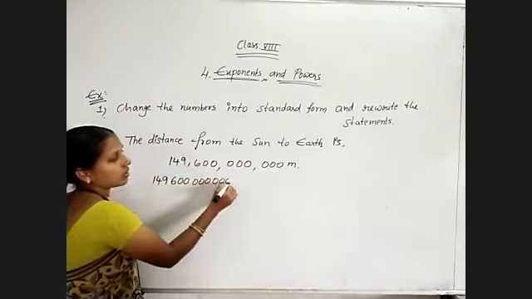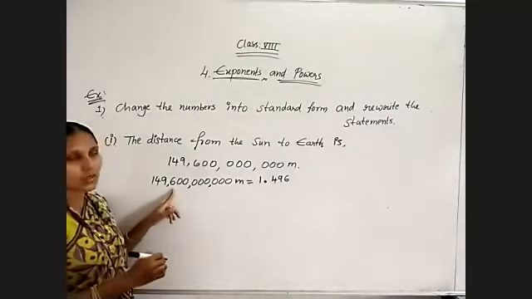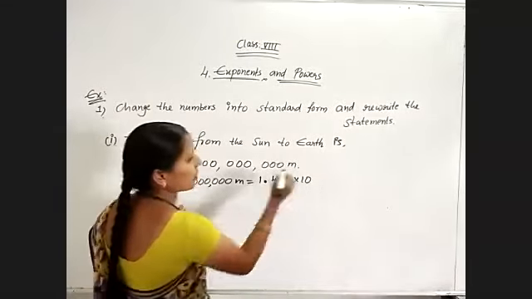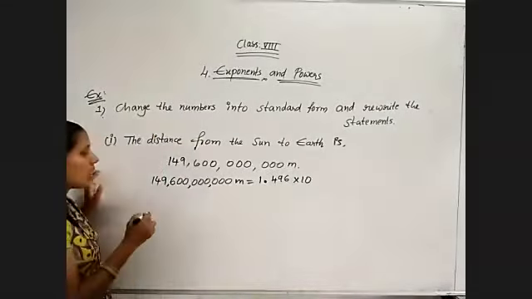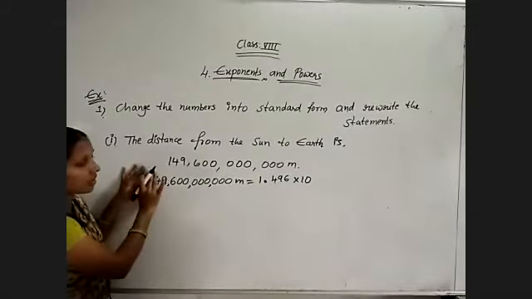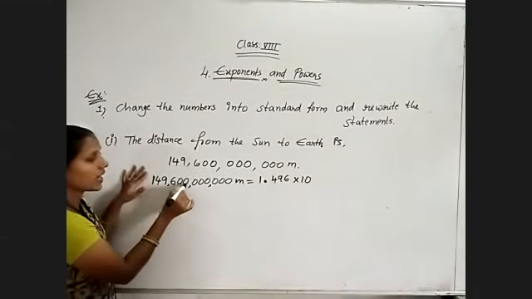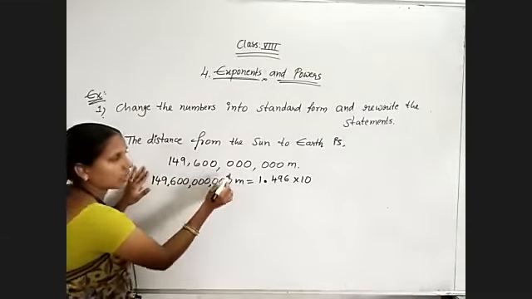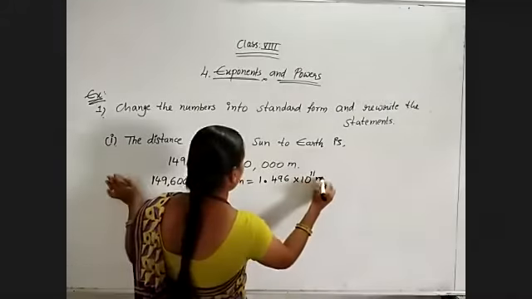Meters is equal to, in the exponential form, as I already told you, after the first number we need to take the point. Remaining non-zero values write 1.496, into 10 to the power of how many zeros are after that. 1 digit removed, remaining all digits we must take as the exponent of 10: 1, 2, 3, 4, 5, 6, 7, 8, 9, 10, 11. That is 10 to the power of 11 meters.